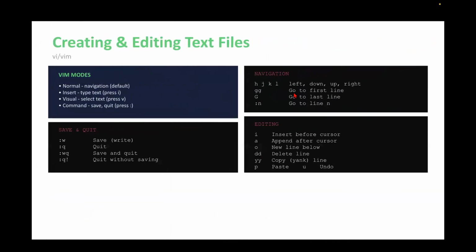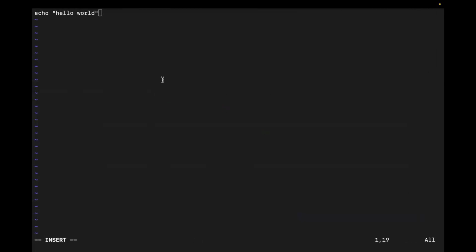And one that is really useful that you would really need to know is going to the last line. In this case right now it's not so useful because I just have a line here. But what if you're trying to edit a file that has about 1,000 lines and you're trying to go to the last line?